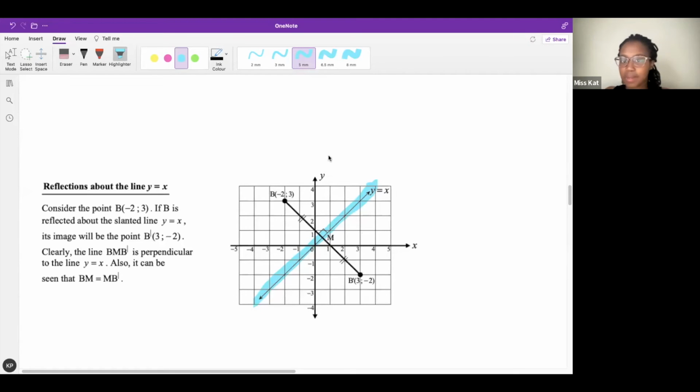Okay, yes, Mikhail? Hello, ma'am. Ma'am, before, the y-axis and the x-axis were both straight perpendicular lines. With the diagonal one, the y and the x are equal, the same. It's not the opposite of each other.